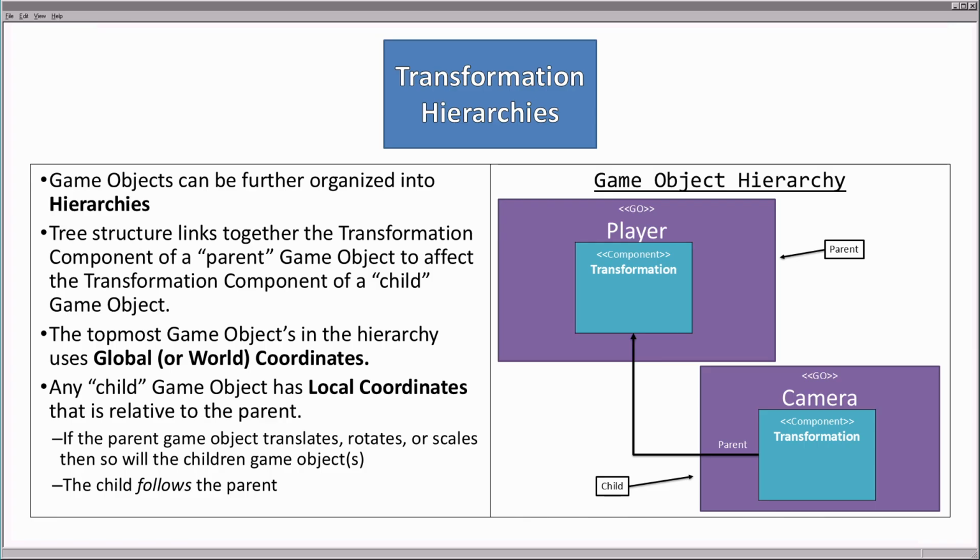The topmost game object in the hierarchy uses the global or world coordinates. Any child game object has local coordinates that are relative to the parent. If the parent game object translates, rotates, or scales, then so will the children game objects. The child will follow the parent.